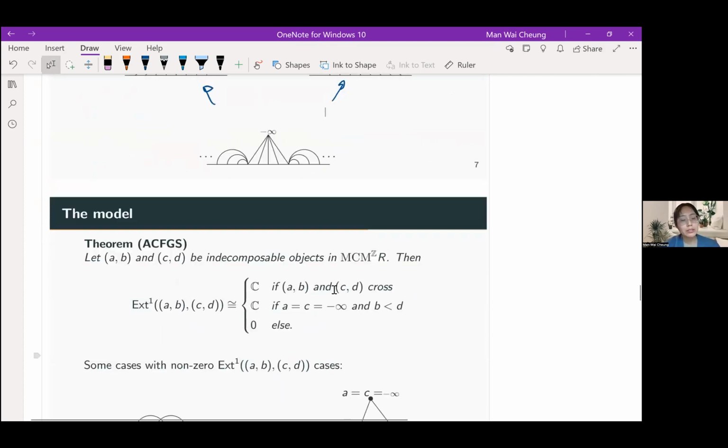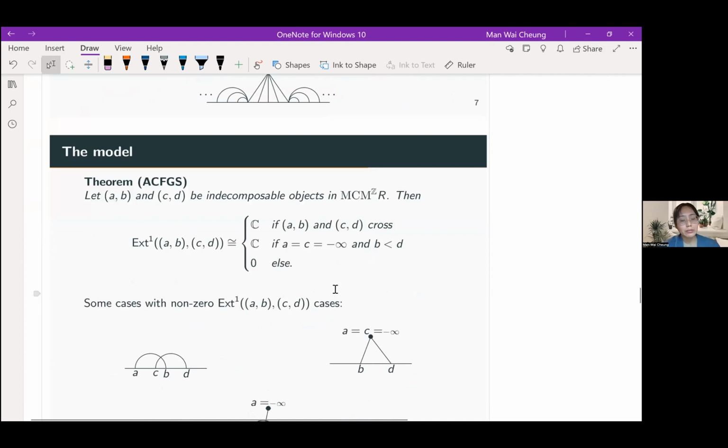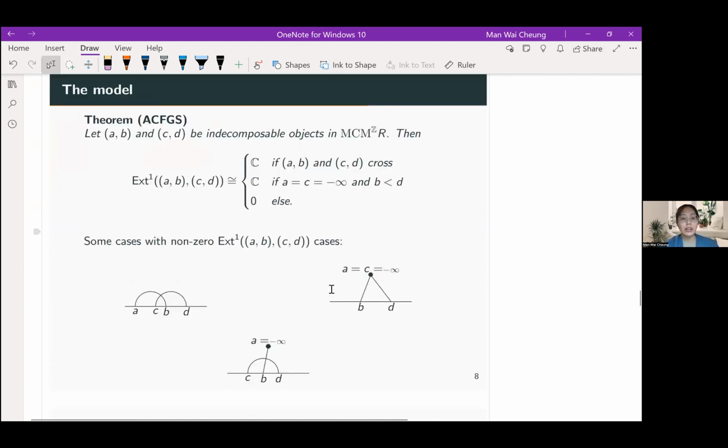And then we look, with Jenny August, Eleonore Faber, Sira Gratz, and Sibylle Schroll, at the extension group and the Hom group, because that is what we want to have for the construction.